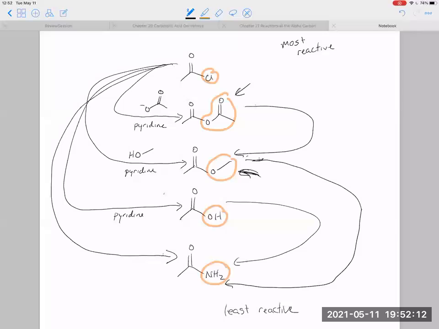Esters, yep. Same thing if I wanted a carboxylic acid: I could use sodium hydroxide, and that would work, but so would just straight-up water. Okay. There is a little bit of a difference when we're making our amide.